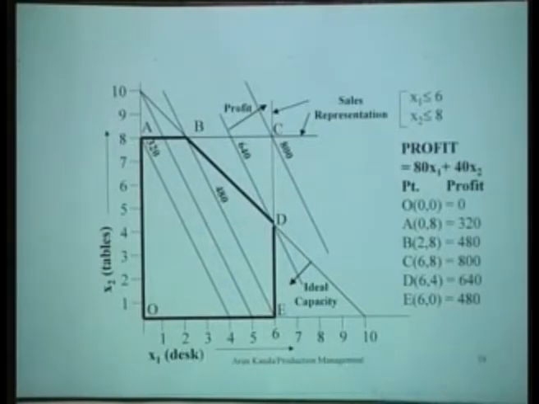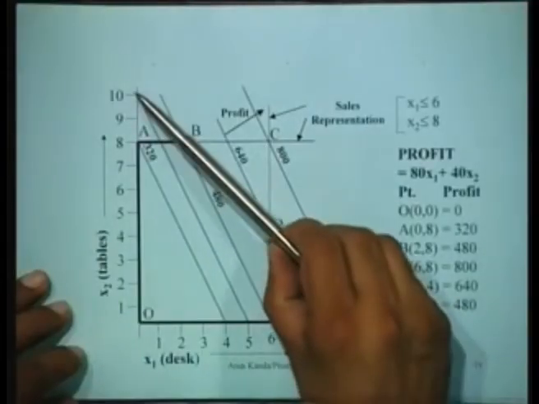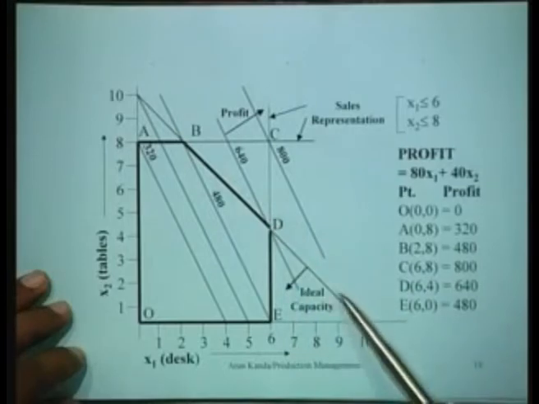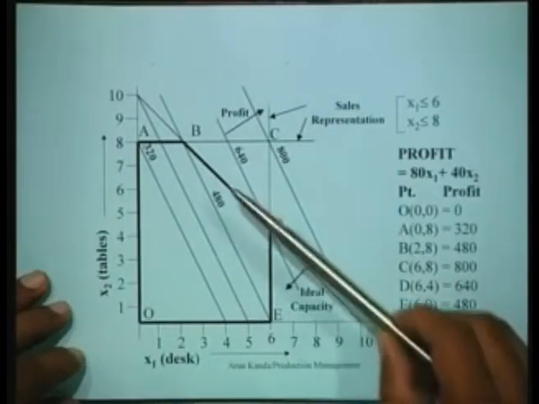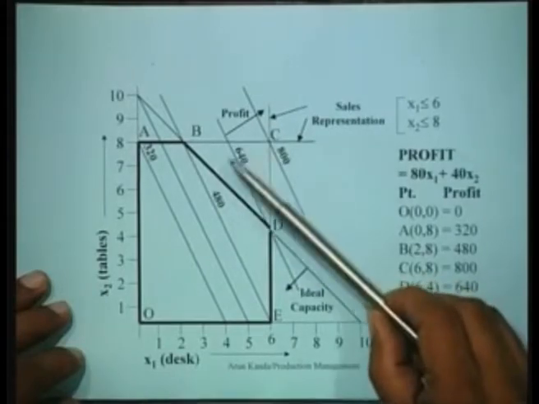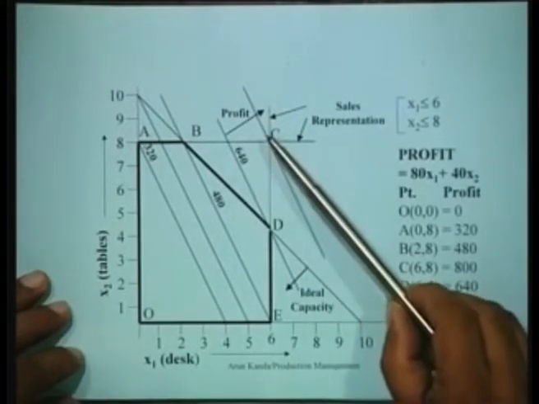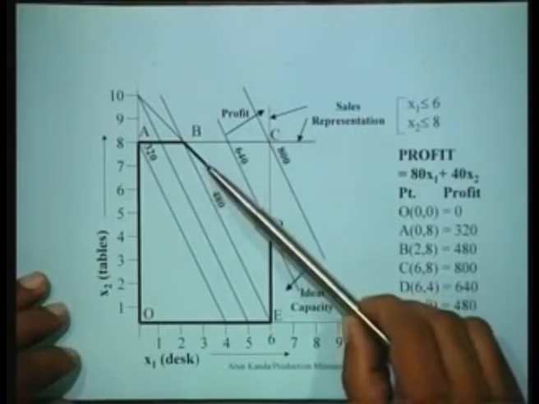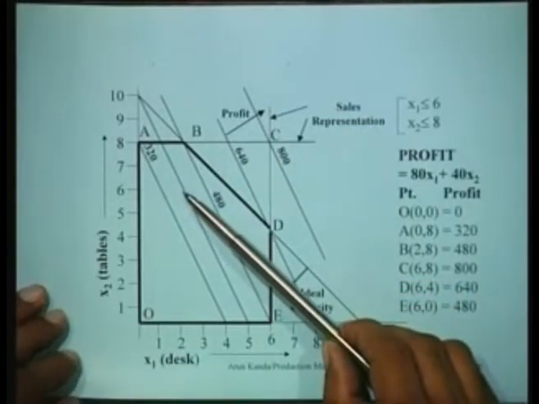But now if you impose the priorities which we had decided for this particular problem, you will notice some interesting things. This line shows that you are utilizing your capacity fully, and if you go in this direction, you are basically trying to overutilize your capacity, and if you come in this direction, you are underutilizing your capacity.